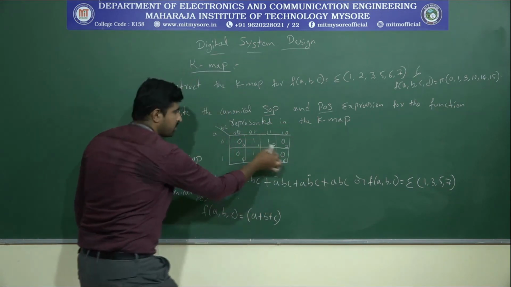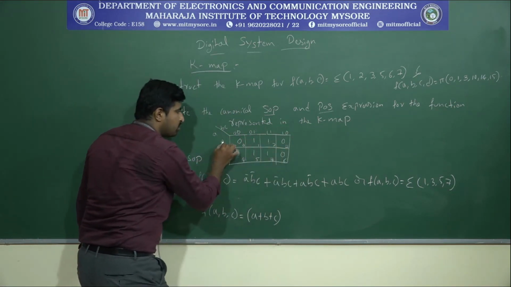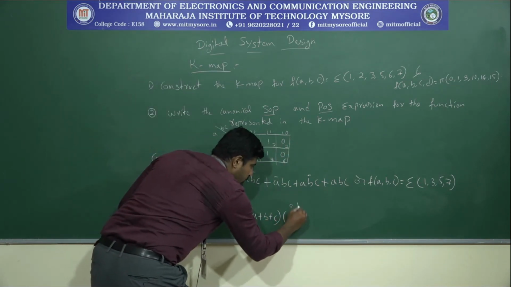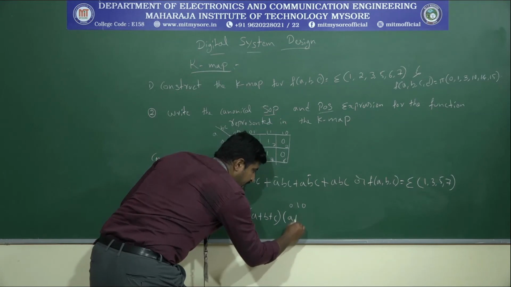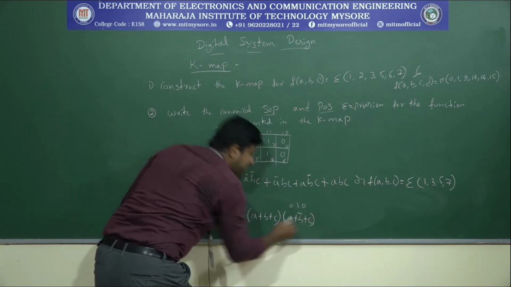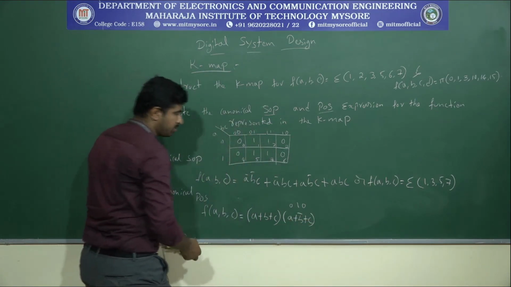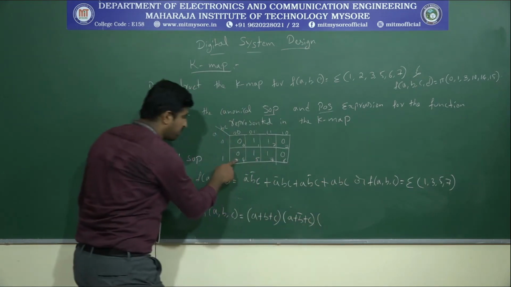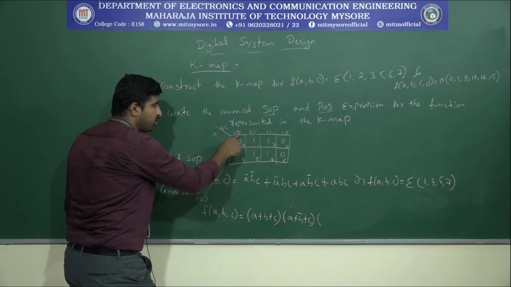Next, a 0 is here. That corresponds to 0 1 0, which is A plus B bar plus C. Next term: there is a 0 here that corresponds to 1 0 0.